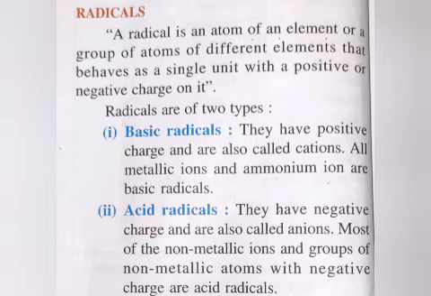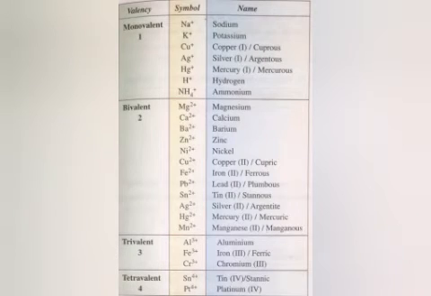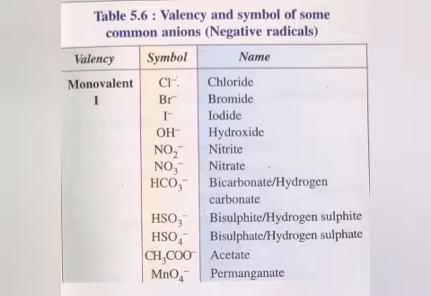Sodium is an element, and an atom of sodium contains a positive charge. Among groups of atoms, ammonium NH4 contains a positive charge. So both are radicals, and negative ones are such as chloride, bromide, hydroxide, etc.